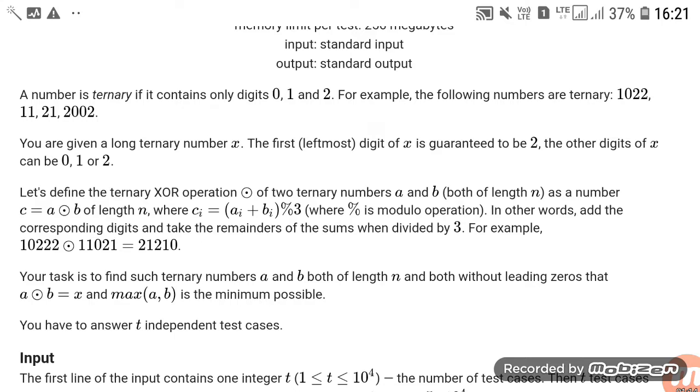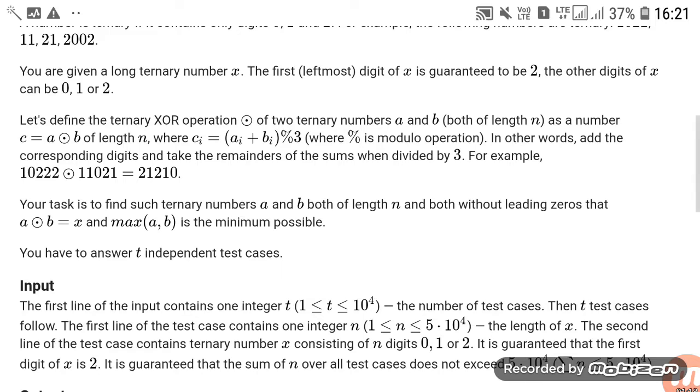So the result will also be a ternary number. It's quite obvious. Now we are given an example, 10222 XOR 11021, which is 21210.